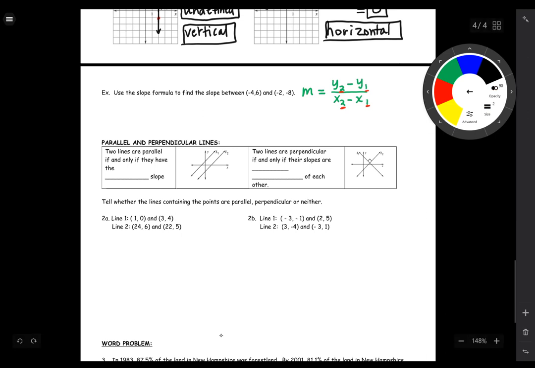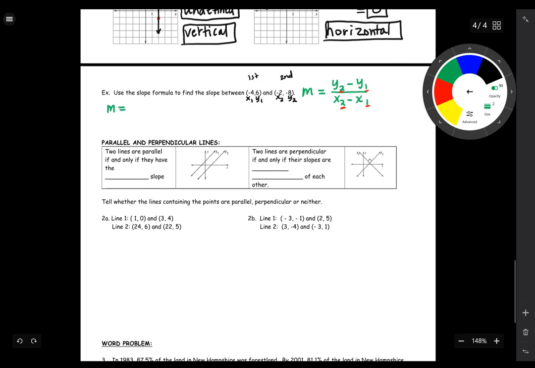So let's label these coordinates. So this is my first point, and this is my second point. So this is x1, y1 because it's my first point, and this is x2, y2. And remember, x always comes before y, so that's why I labeled it that way. Now that we've labeled it, we should have no problem putting the numbers in the right spot in our formula.